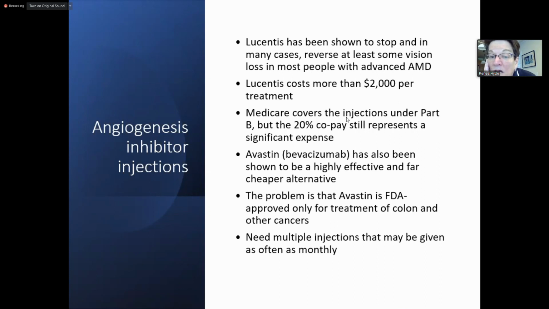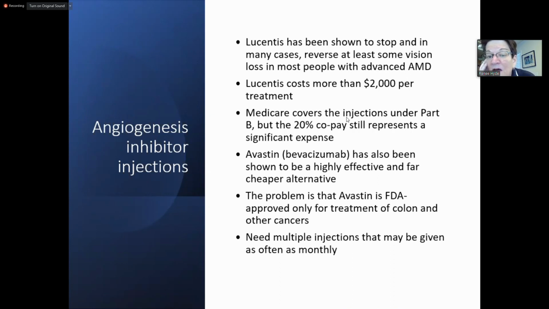So it's about $200 for the patient for these Lucentis injections. Now, Avastin has also been shown to be very effective, and it's a far cheaper alternative.